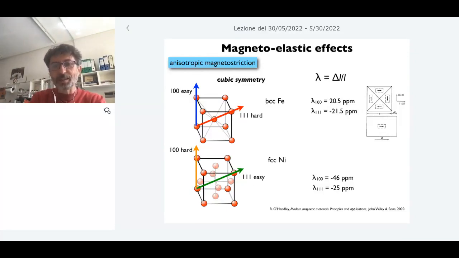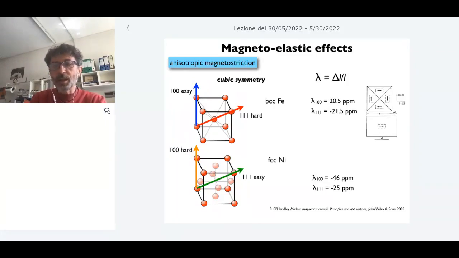We said that iron, nickel, the ferromagnetic materials have certain unit cell. So we said that iron is cubic and in particular is BCC, that nickel is cubic and is FCC. But this in the end, if we look at this in very much detail, is not true.